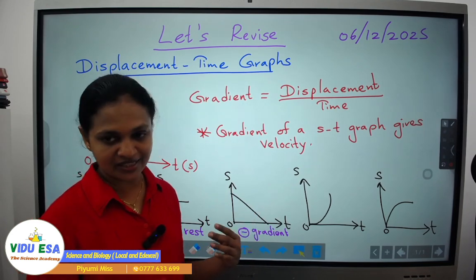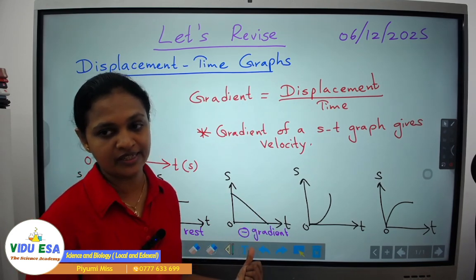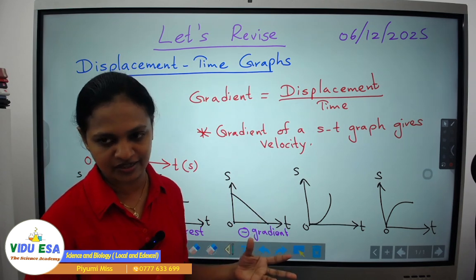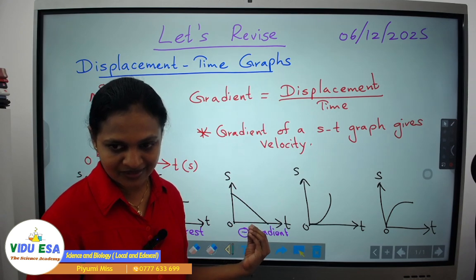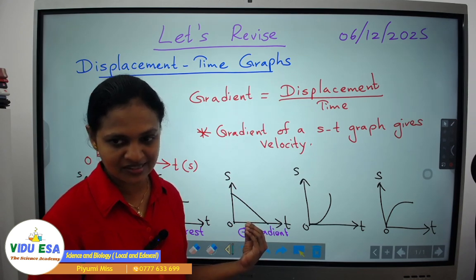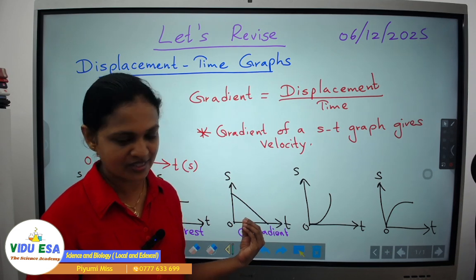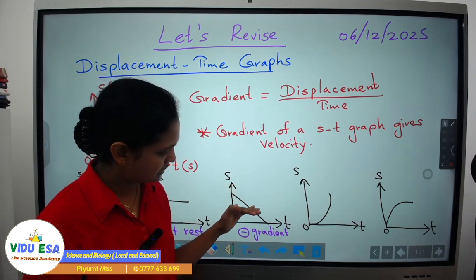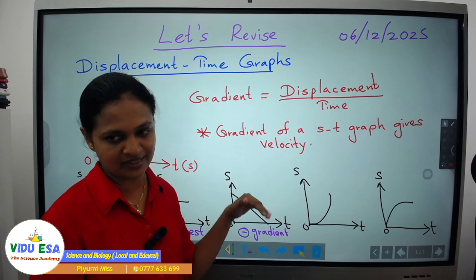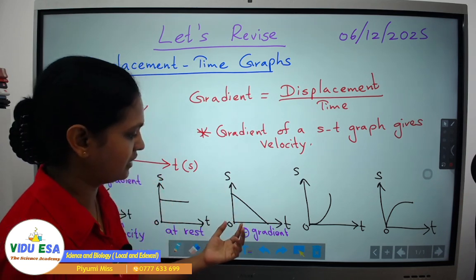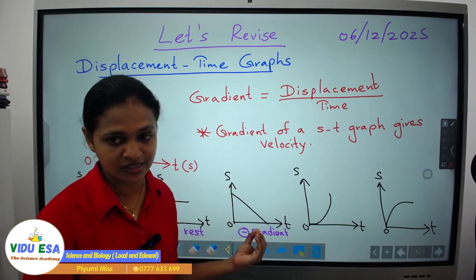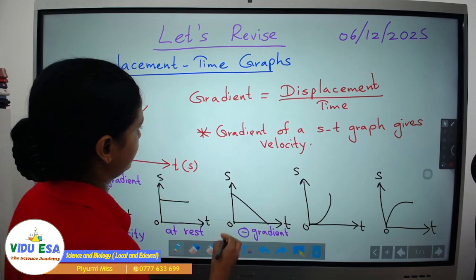Velocity is given by the gradient. Negative indicates the opposite direction. Time passes. Here, the velocity is a constant, but the displacement reduces with time. This is traveling in a uniform velocity, but in the opposite direction.